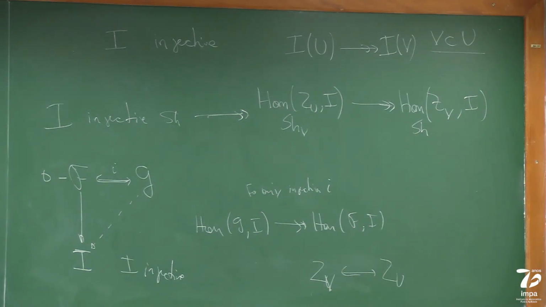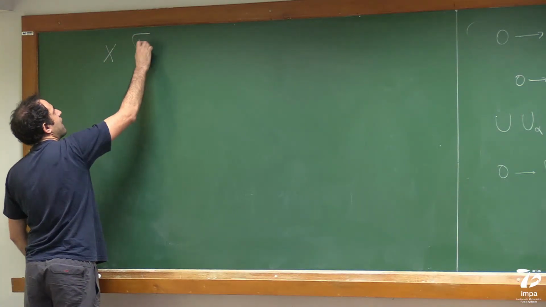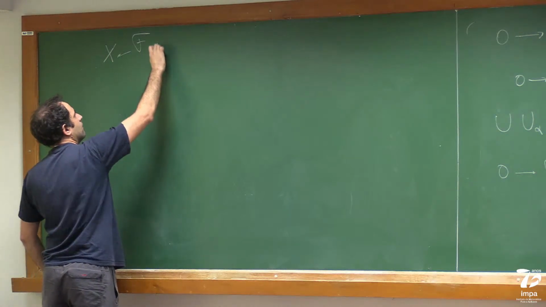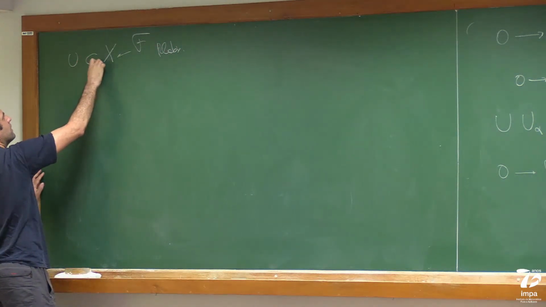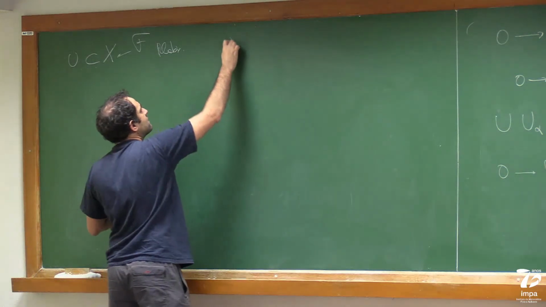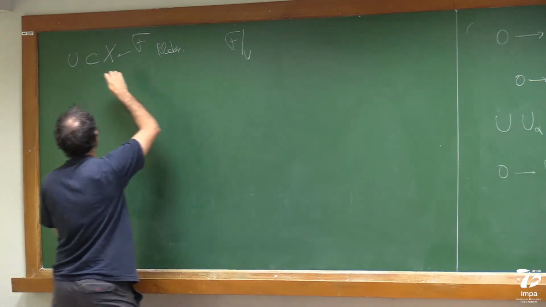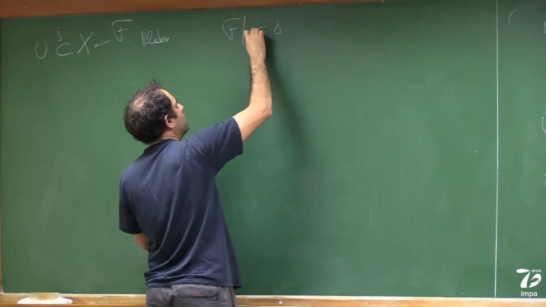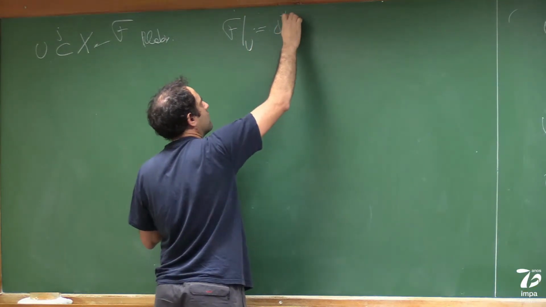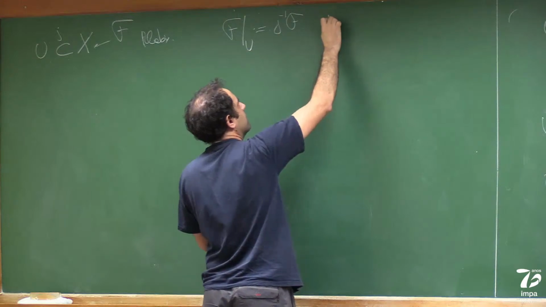If I have my space X, a flasque sheaf F on X, and an open U inside of X, then I can just restrict my F to U. Again, if I call this map j, this by definition is j inverse of F. It's also flasque.